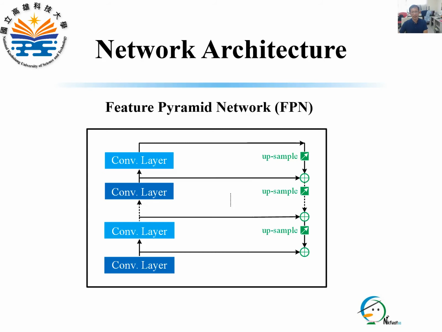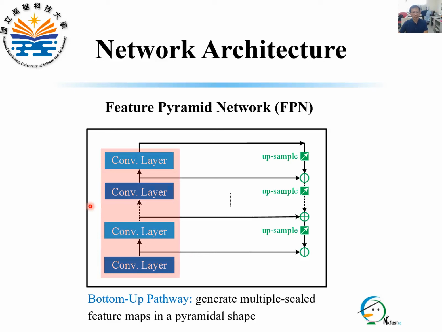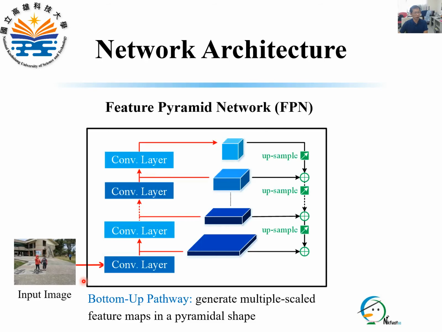Here shows the network architecture of FPN in a schematic form. The bottom-up pathway includes all components inside the red rectangle. For an input image, the bottom-up pathway generates multiple scaled feature maps.